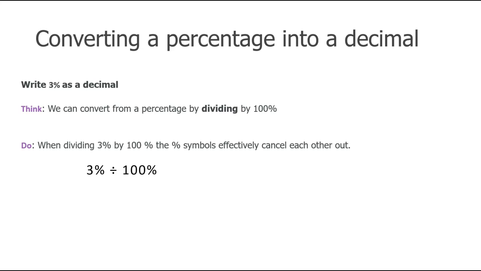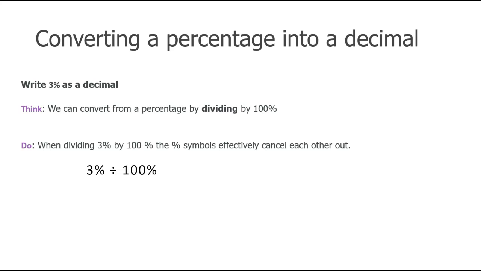What happens here is those two percentage symbols effectively cancel each other out. We don't really need to understand exactly why that is right now, but suffice to say we've got a percent symbol on the left-hand side of the division symbol, and we have a percentage sign on the right-hand side.